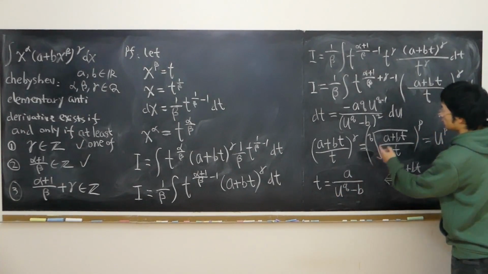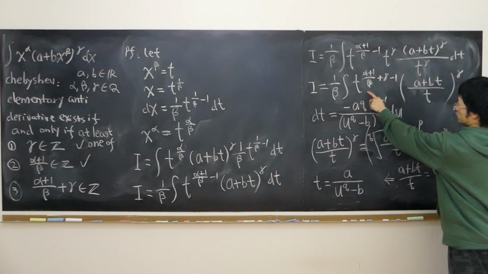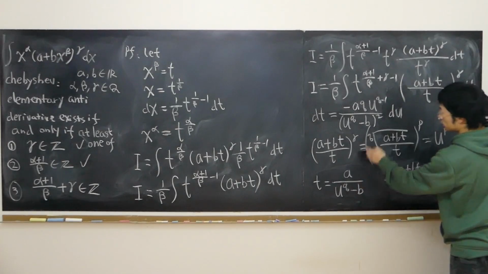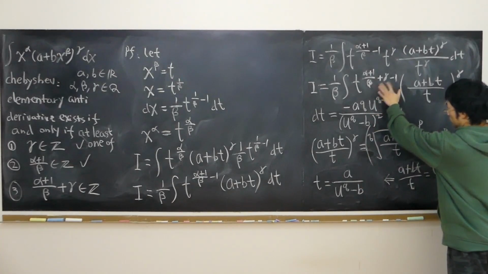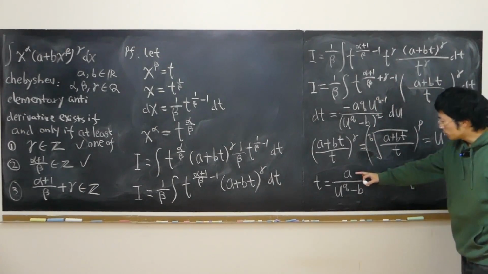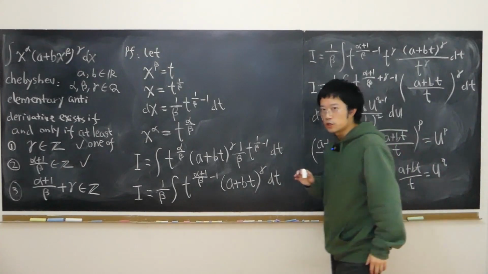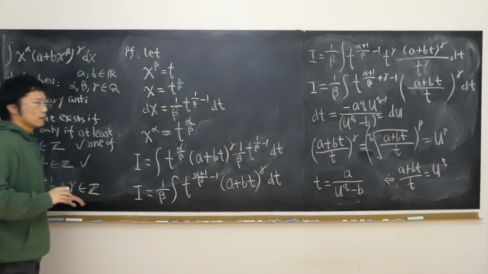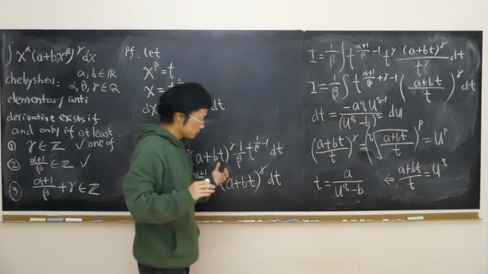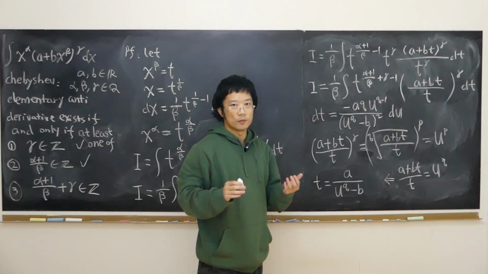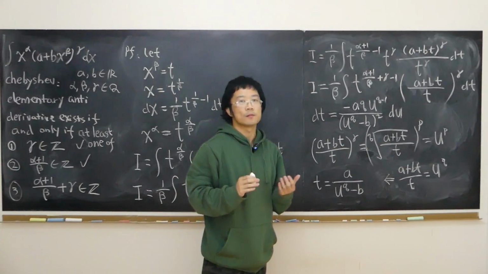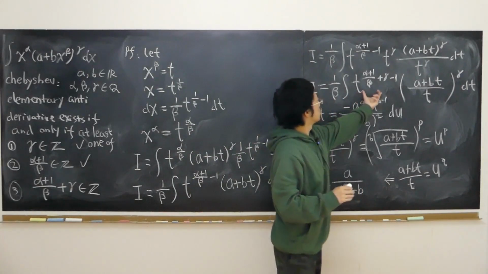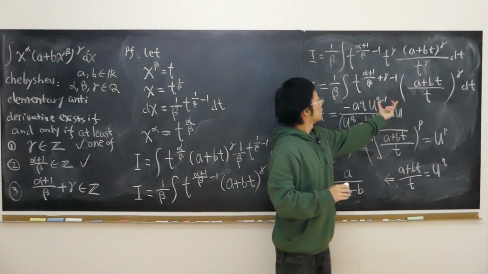Just imagine, from this integral, replace t with this quantity in terms of u and raise it to the power of an integer. So we have a rational function raised to the power of an integer. It doesn't matter if it's a positive integer or a negative integer. Case scenario number 3, it's possibly going to be a rational function or a polynomial, doesn't matter. So this term is fine.